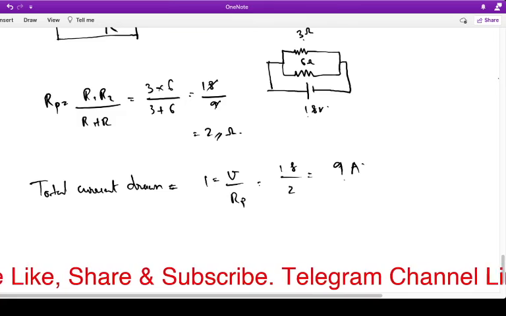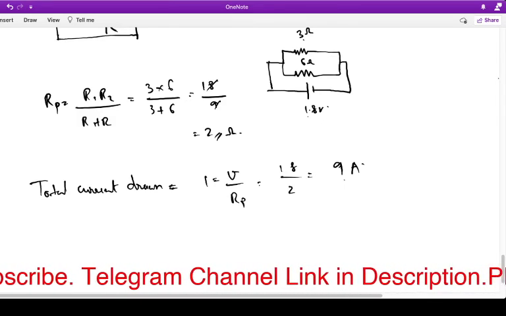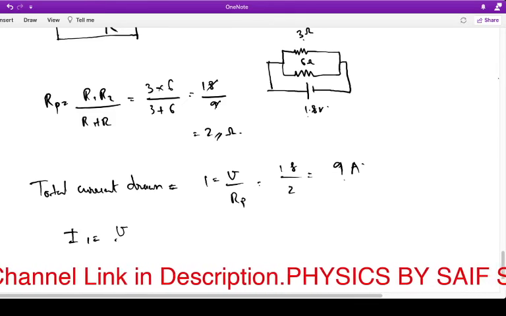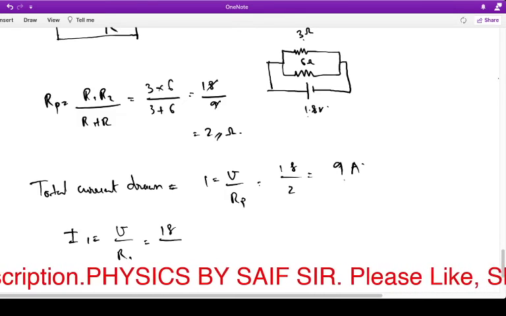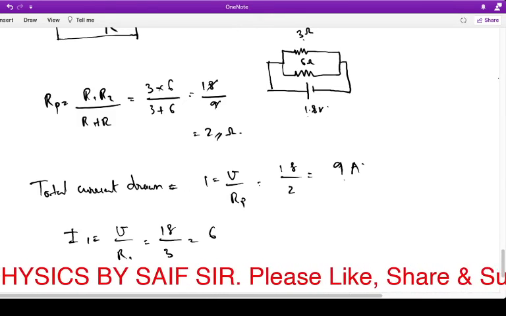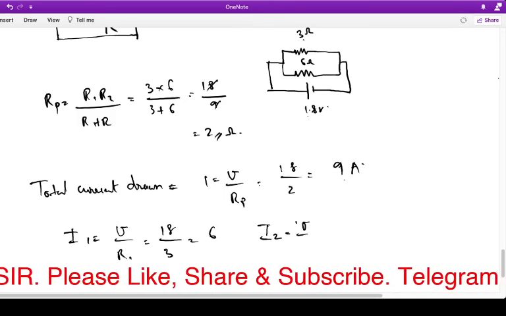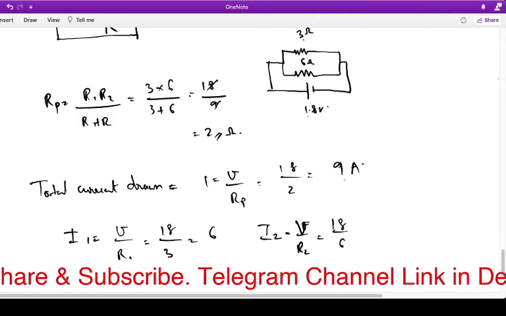Now the voltage will be same across both, so you can easily find I1 is equal to V by R1, voltage is 18 and R1 is 3, you will get 6. And for I2, V by R2, 18 by 6 is equal to 3.